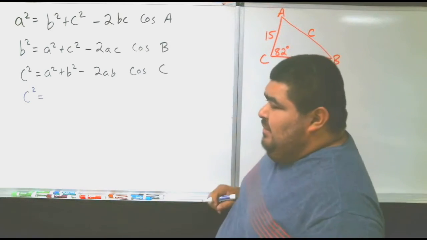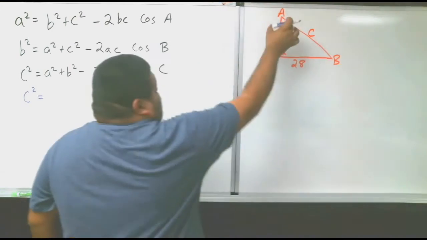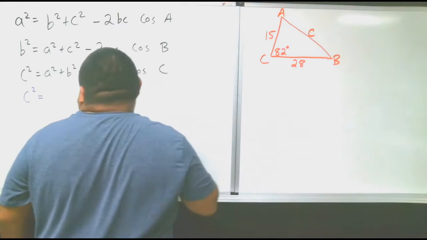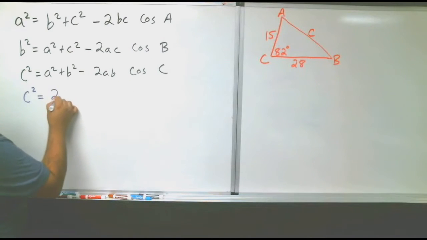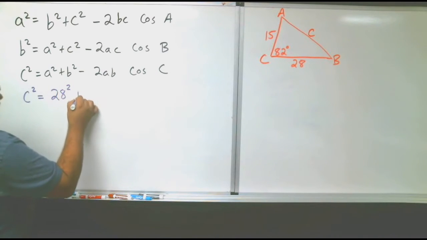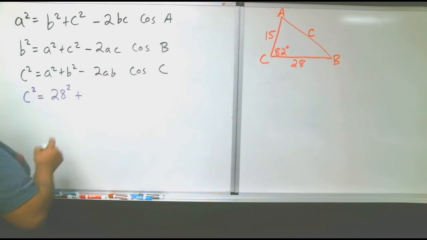we have A. A is 28, because remember, across from capital A is lowercase a, so we have 28 squared plus b squared.